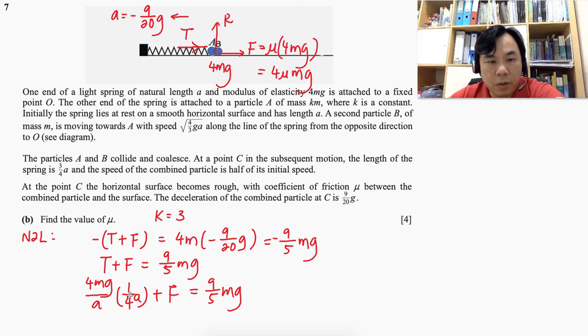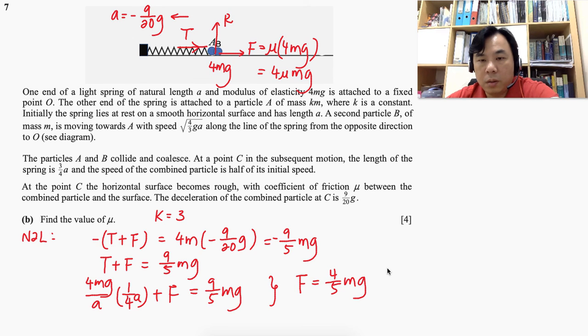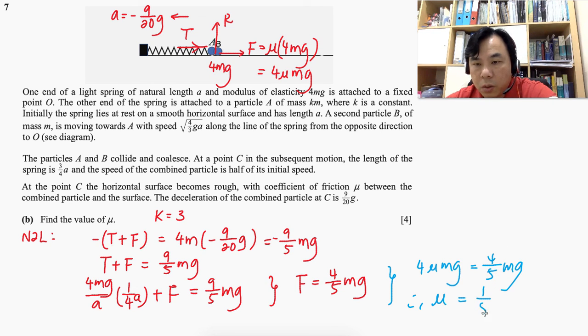So therefore if we try to simplify that, that is actually mg, and then we should be able to get F equal to 4 over 5 mg. Now, knowing that the frictional force is given by 4 mu mg, then that must be the same as 4 over 5 mg. Therefore, the coefficient of friction is equal to 1 over 5 there.